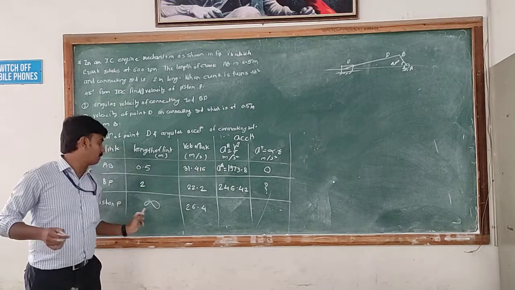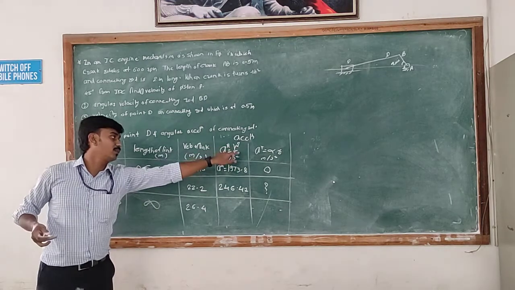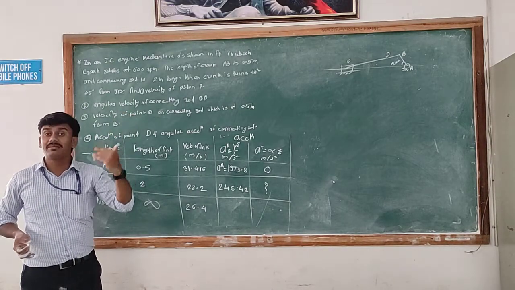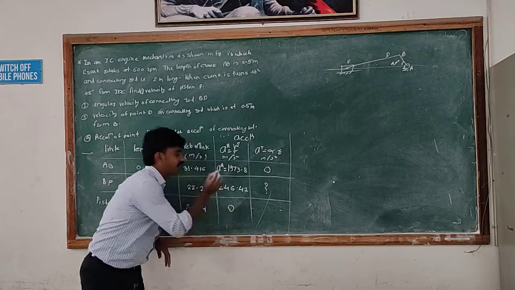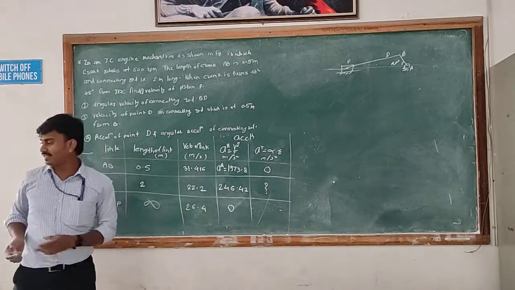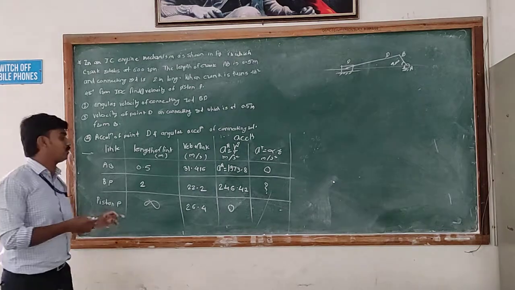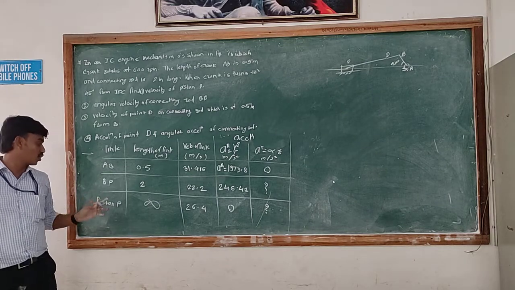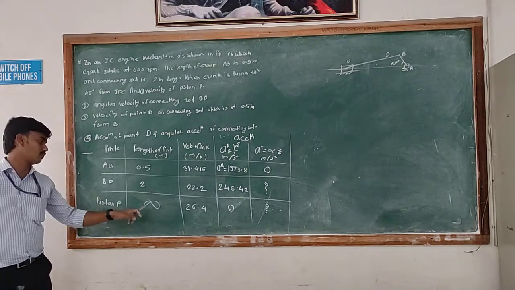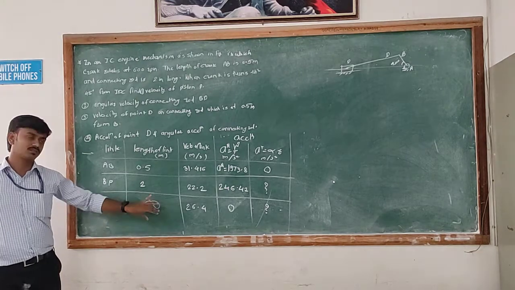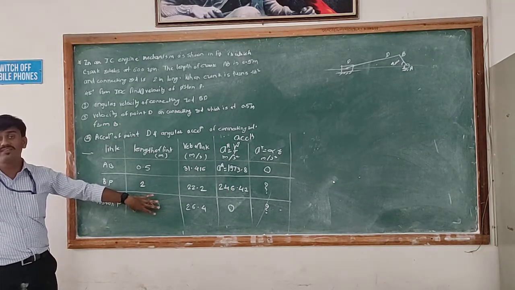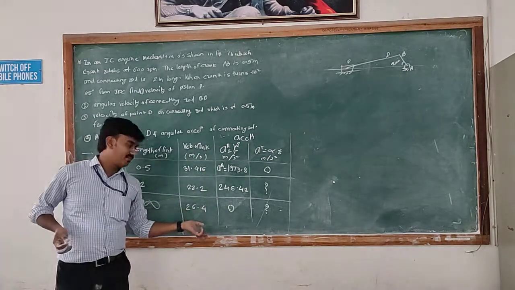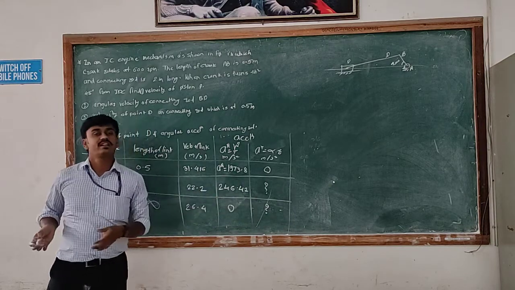What is the normal acceleration of the piston? The formula is v square upon r. R is infinity, and anything divided by infinity becomes 0. So its normal acceleration is 0, because the piston length is infinity, and 26.4 squared divided by infinity is 0. We have to find out the tangential acceleration.